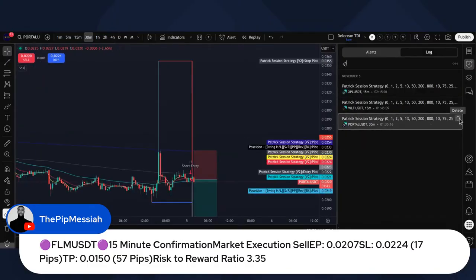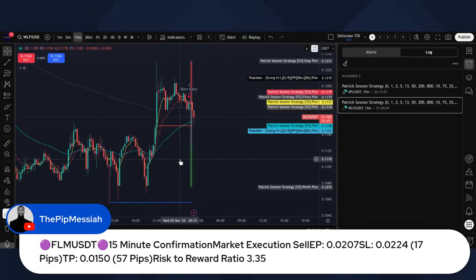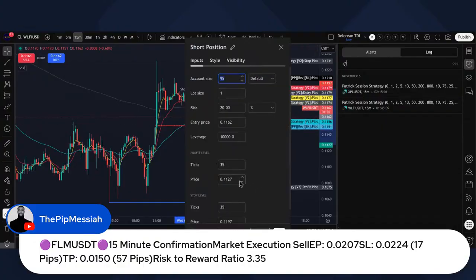We already looked at Portal. WLFI targeting 1075.